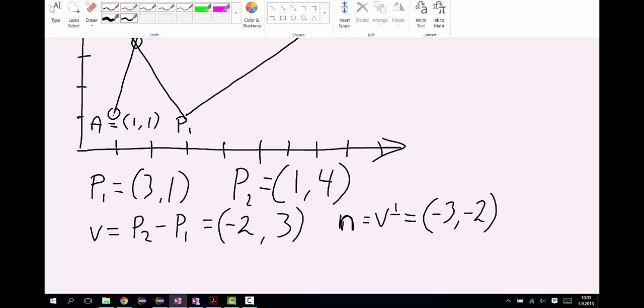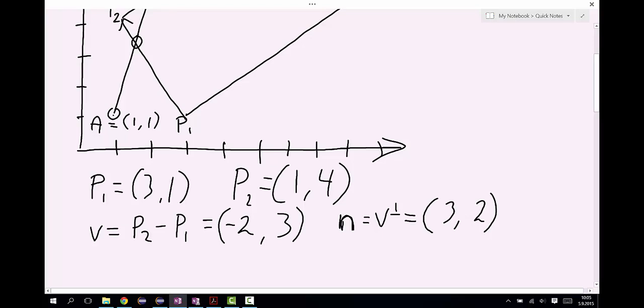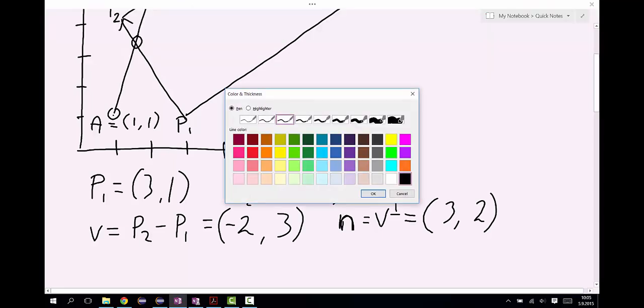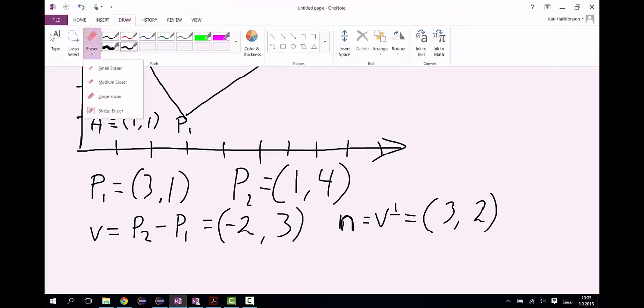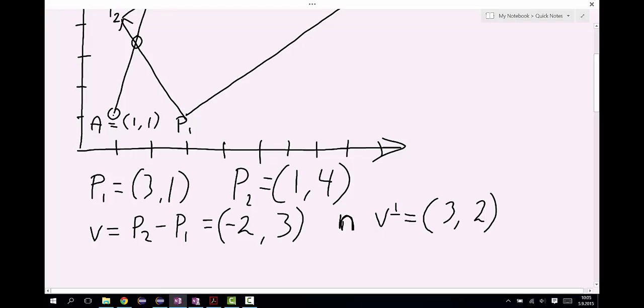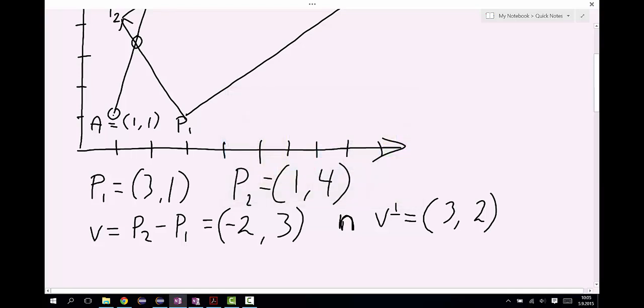So just for the ease of looking at this, let's do this like so, and say n equals minus v perp.